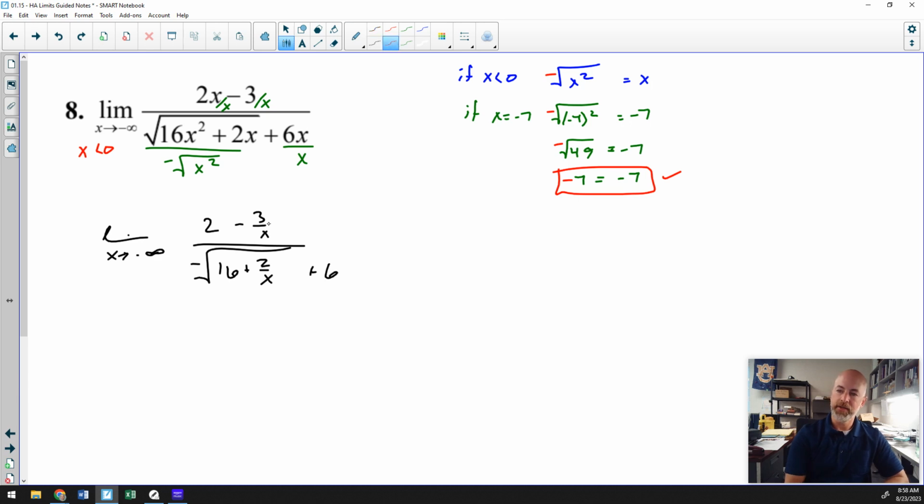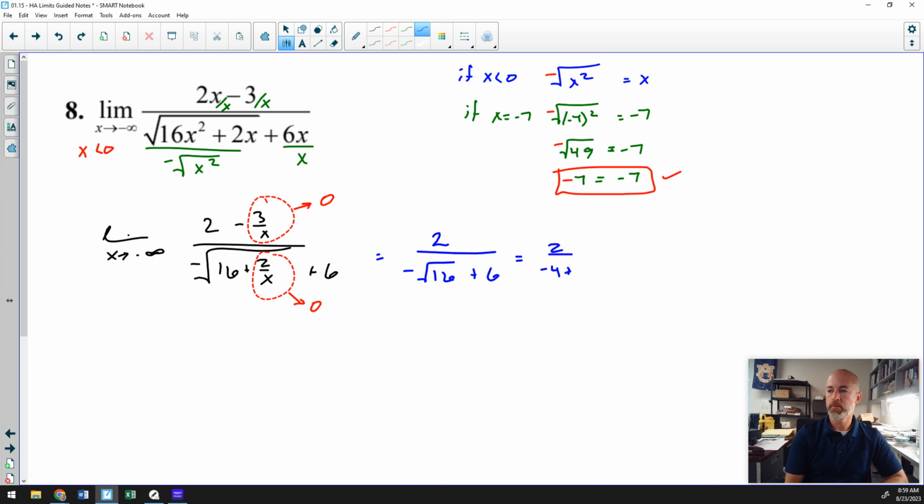And finally, as x is going to -infinity, these constants divided by x will crash to 0. And we are left with an answer of 2 minus 0 over negative square root of 16 plus 6, which ends up being 2 divided by -4 plus 6. That ultimately reduces to just 1.